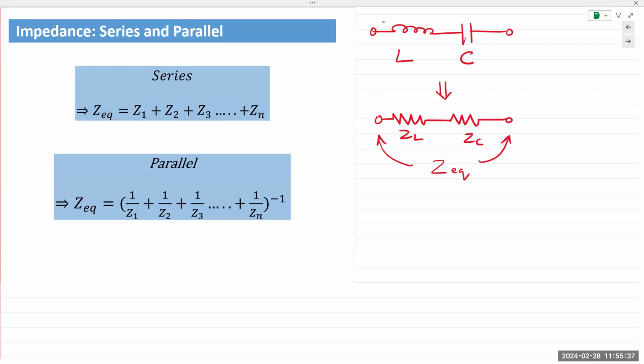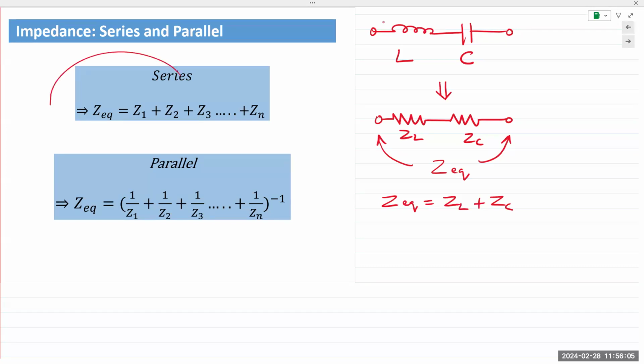ZEQ between the outer terminals would simply be ZL plus ZC because they're in series. Important distinction: we are not combining the inductor and the capacitor. We are combining their impedances together, which we can do. We cannot combine L and C, but we can combine ZL and ZC.